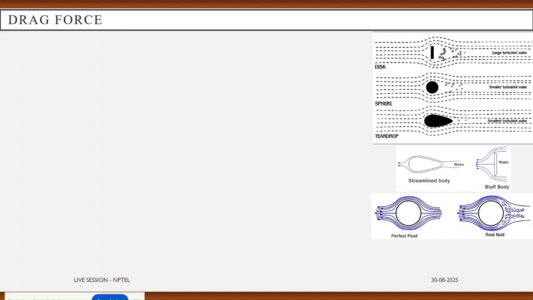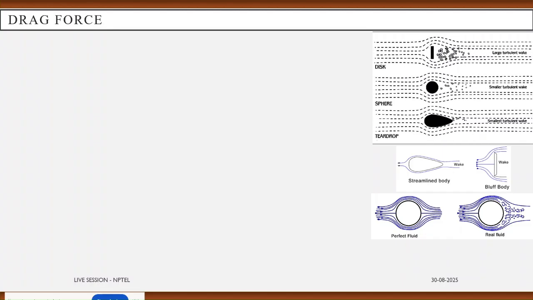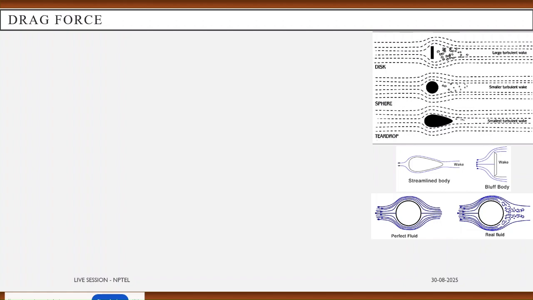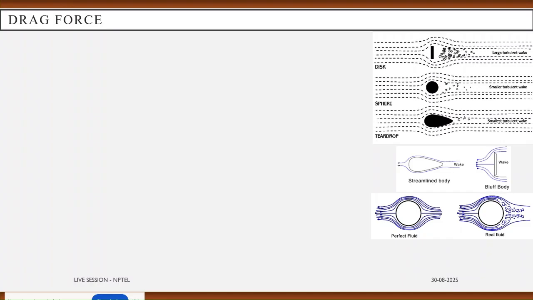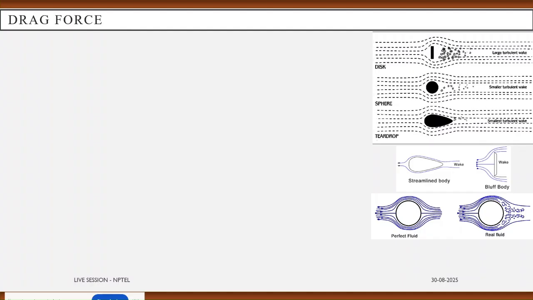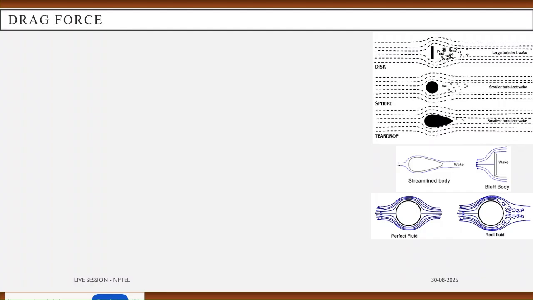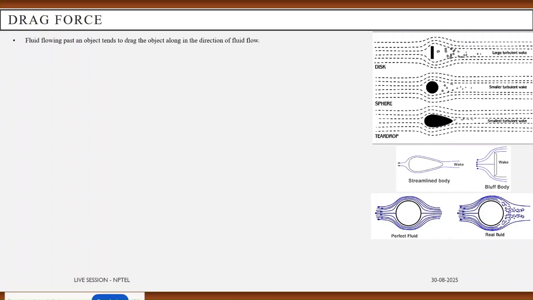So we will discuss one by one how the shape of the body and other factors affect the drag forces, or what are the drag forces that have a significant effect for creating different kinds of flow regimes. So let's start with a simple introduction of drag force.